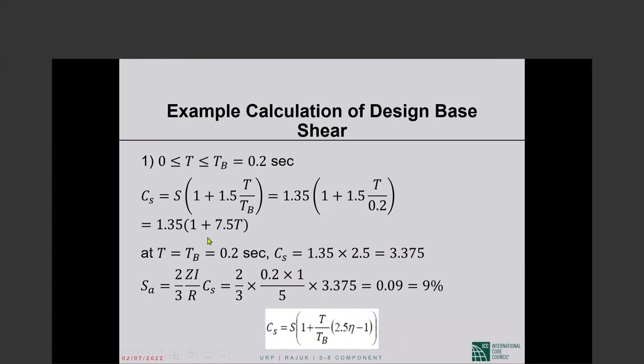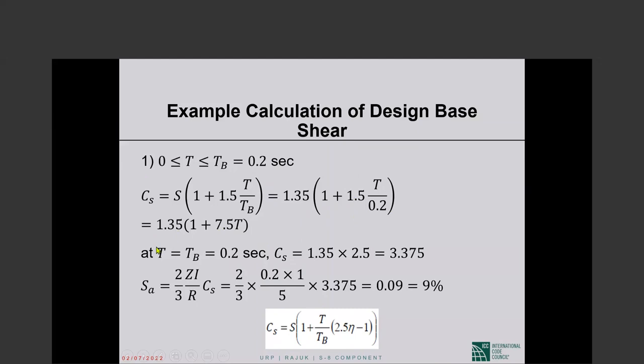So 2.5 eta minus 1 would be 1.5, and then T over T sub B. S is 1.35, and the remainder has been left as is, so that is 1.35 times 1 plus 1.5 divided by 0.2, which is 7.5 per second, times T.